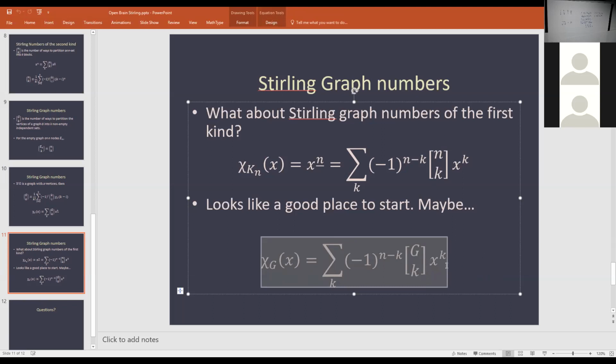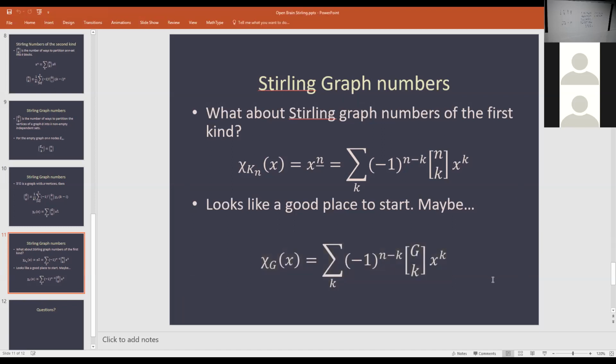So I've asked you to work with this expression or a similar expression on the final, with some of the things I know to be true. And if you get interested in it, then absolutely, we can talk about it. So that's really all I wanted to tell you guys about Stirling graph numbers, unless you had any questions.